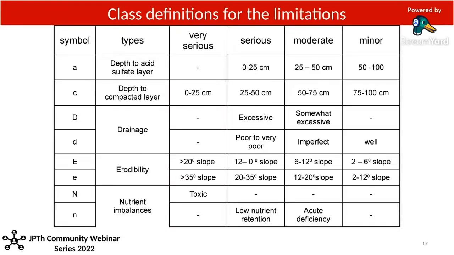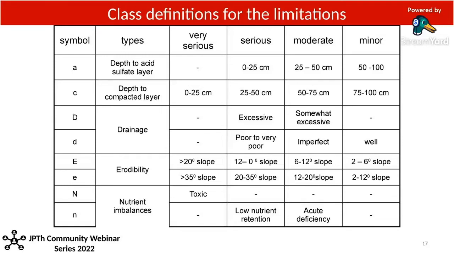Okay, these are the class definitions for the limitations. We can see here the types of limitation and the classification into very serious, serious, moderate, and minor. For example, the depth to acid sulfate layer, which is symbol A: if very serious, it has 0 to 25 centimeters depth from the surface.